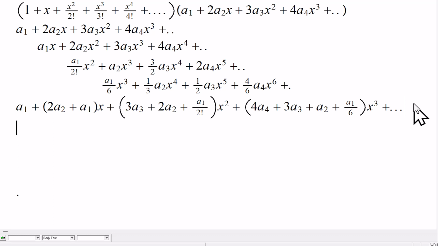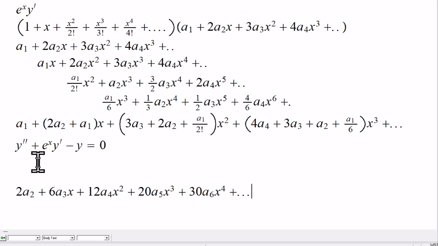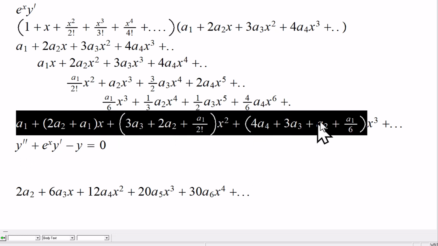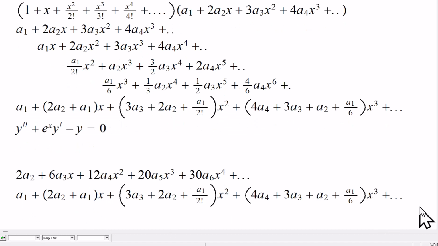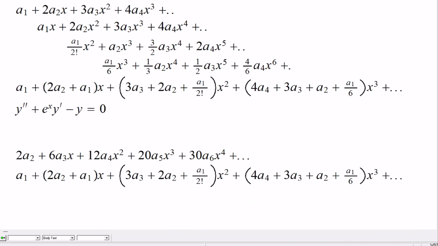Now, remember this is our original differential equation, and this is our y double prime. And this is e to the x times y prime. So that's what we get. This is the middle term, and then we have simply minus y. So minus y is going to be the Maclaurin series for y here.